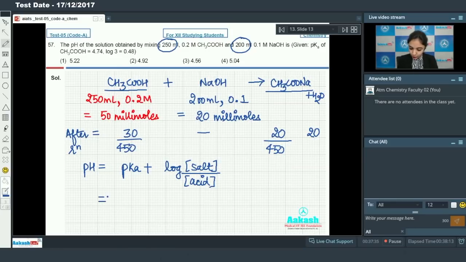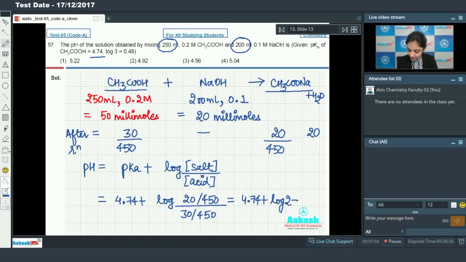The pKa value you have already been given, that is 4.74, plus log of 20 by 450 divided by 30 by 450. Which is equal to 4.74 plus log 2 minus log 3.